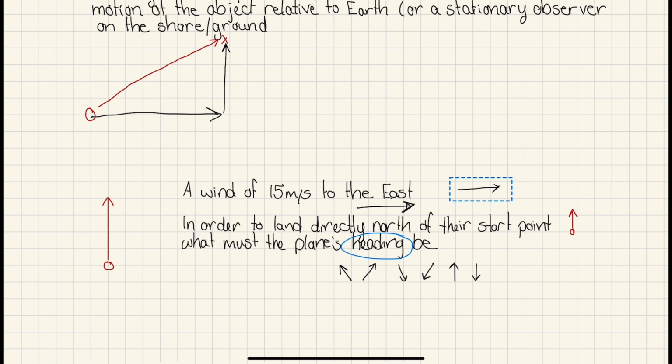This is a component arrow, and I need the components to end where my resultant ends. So if I put it on this side, that would be tail to tip. We do not want that for components and a resultant. We need our components to end at that resultant. So putting it on that side works much better. At that point, I can then think, well, where does this boat have to aim?